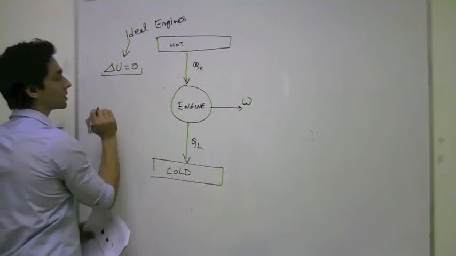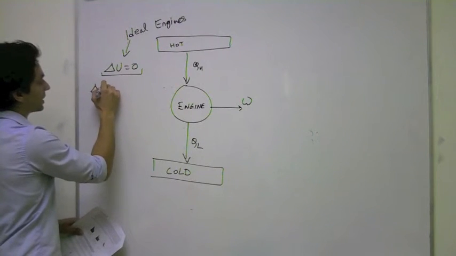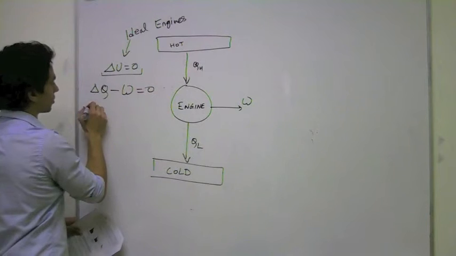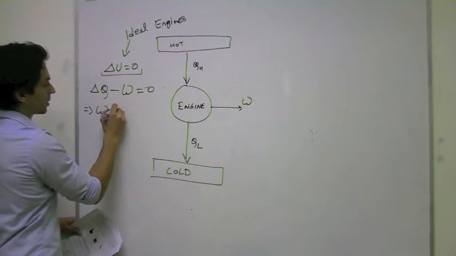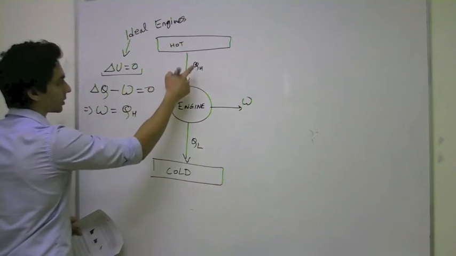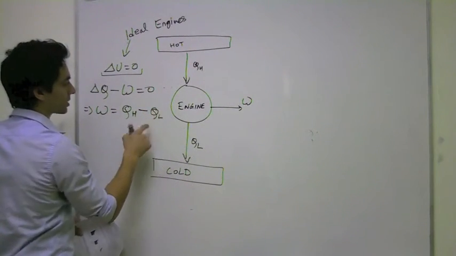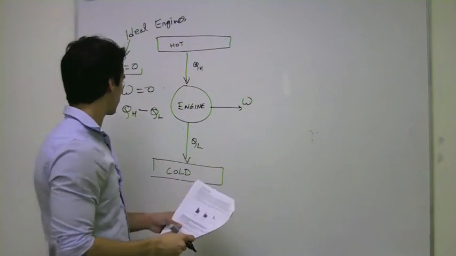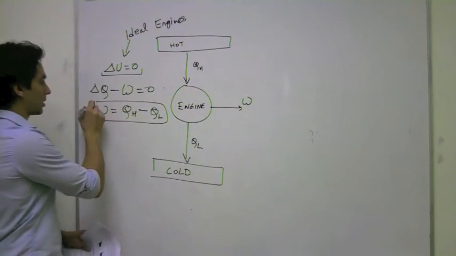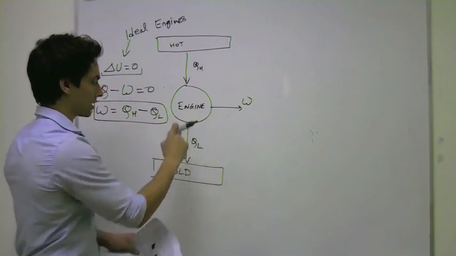Therefore, since the change in internal energy is zero, we have the heat supplied minus the work done equals zero. That means that the work done equals the heat taken from the hot reservoir minus the heat supplied back to the cold reservoir. So this is a manifestation of the first law of thermodynamics in an engine.